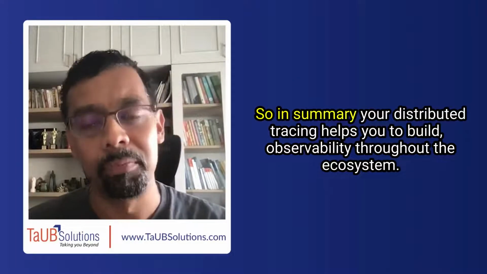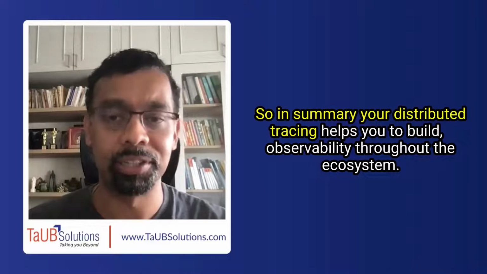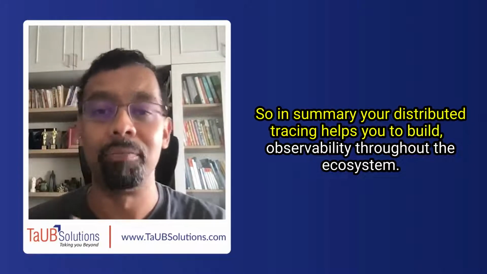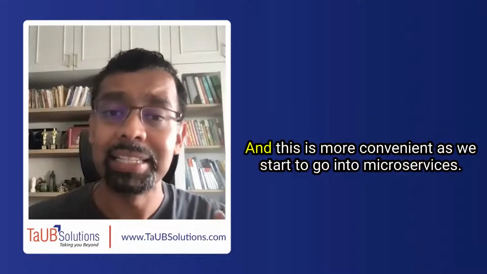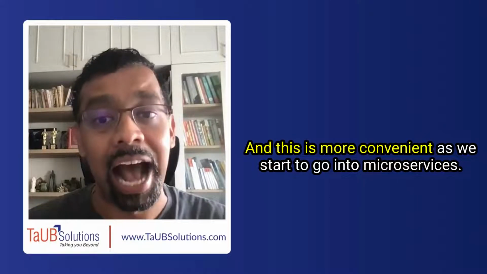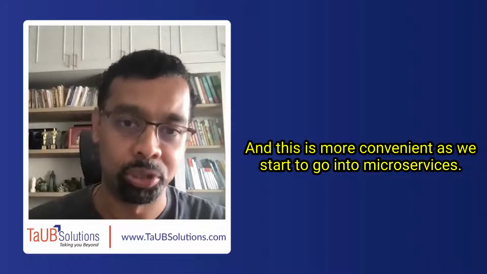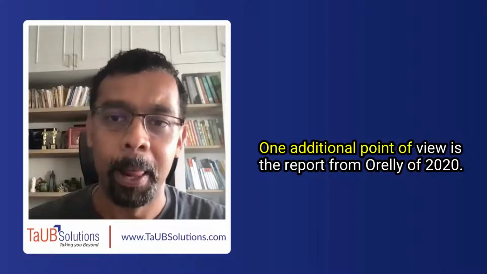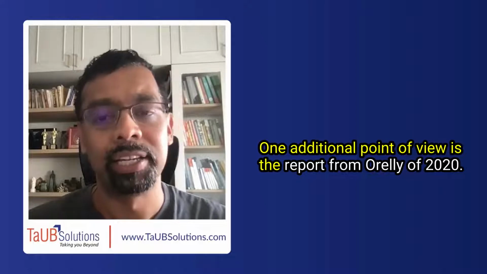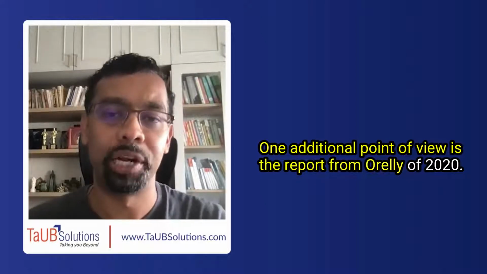So in summary, distributed tracing helps you to build observability throughout the ecosystem. And this is more convenient as we start to go into microservices. One additional point of view is the report from O'Reilly of 2020.